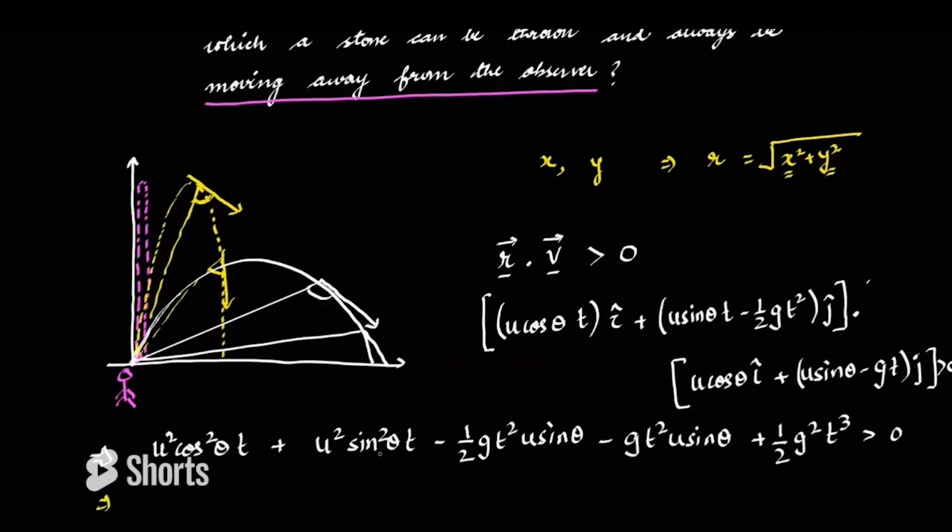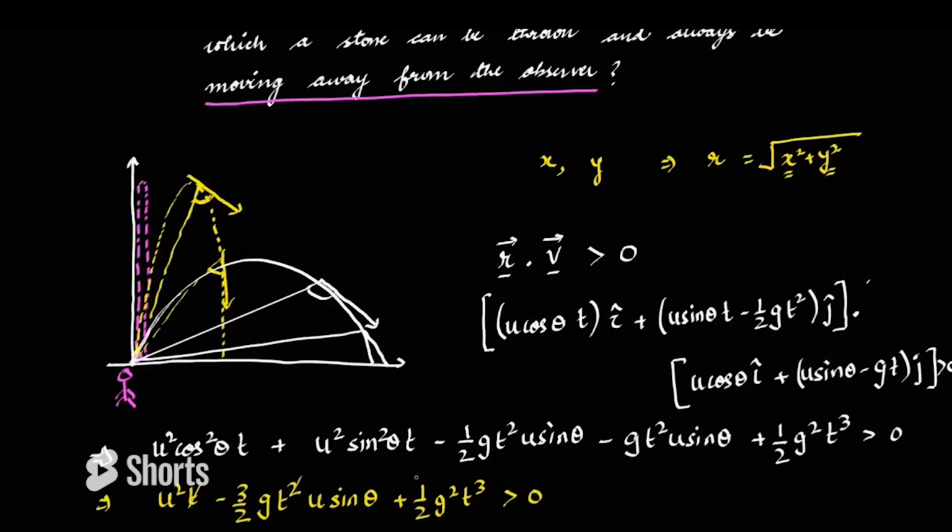What we will have is, this is u square into t minus, if you look at this, g t square, so minus 3 by 2 g t square u sine theta, and plus half g square t cube is greater than 0.